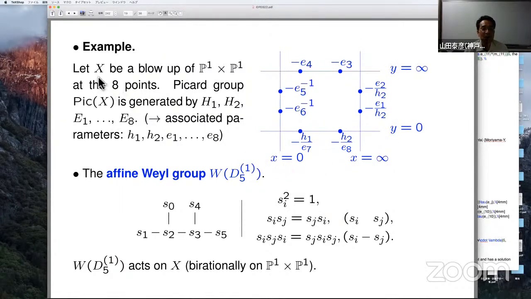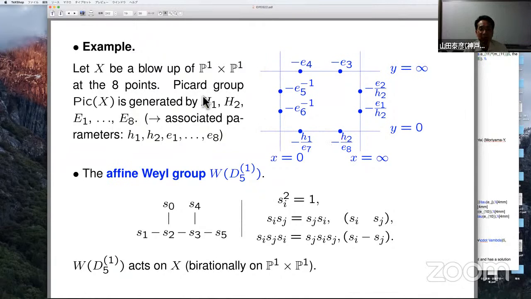So we consider the 8-point blow-up of P1 cross P1 with the configuration in this diagram, where the 8 points lie on 4 lines, 2 vertical lines and 2 horizontal lines.